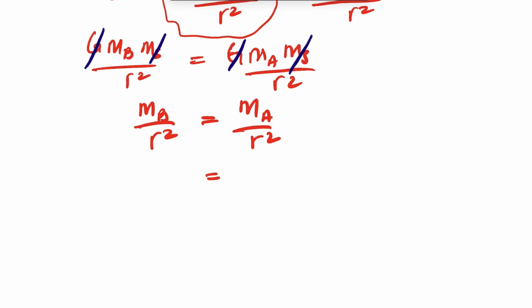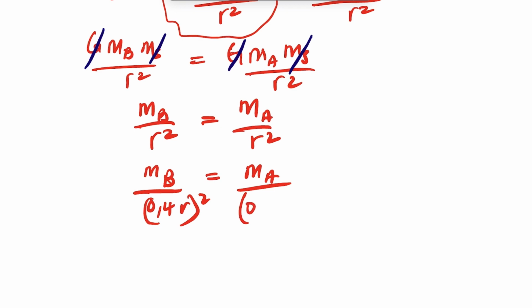For B, we'll have the mass, which we do not know, mass B. For mass B, the distance will be 0.4 r, so 0.4 r squared, because it's 40%, the distance that it still needs to travel. For mass A, the distance between them is 60 divided by 100, which is going to be 0.6 r squared, right?